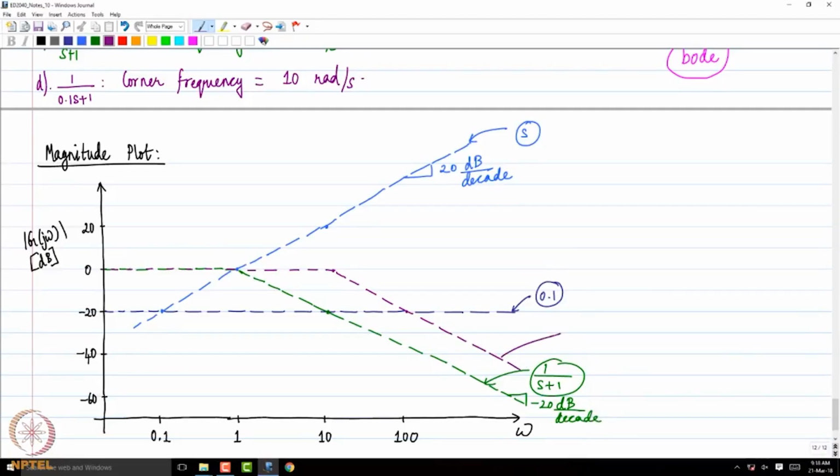So that's my magnitude plot, of course the asymptotes, for the factor 1 divided by 0.1 S plus 1. Even this has a slope of minus 20 decibels per decade. Now we have plotted all the 4 graphs, right? Now we just need to add them. So what will be the net sum of all these 4 terms? What do you think will happen?